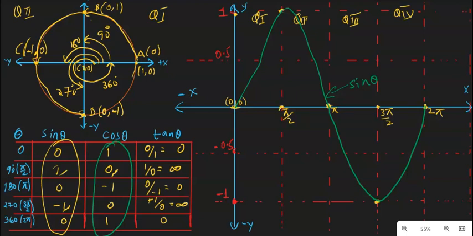I can drop this down to 0, and at pi it's minus 1, right here, and the curve goes all the way straight here.